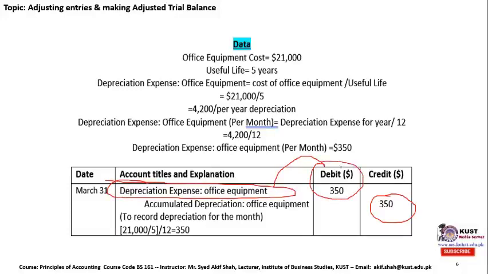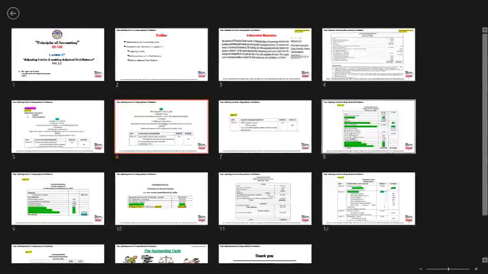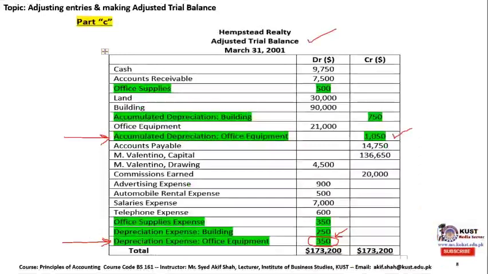Therefore, we have to pick up this value and carry it forward to the next step of the adjusted trial balance, and mention it just beneath the expenses title with the title of depreciation expense office equipment. And here it is, we have incorporated the depreciation expense office equipment correctly at the right place.